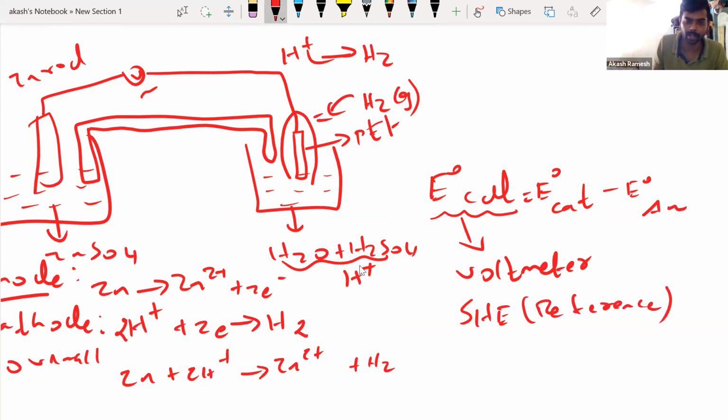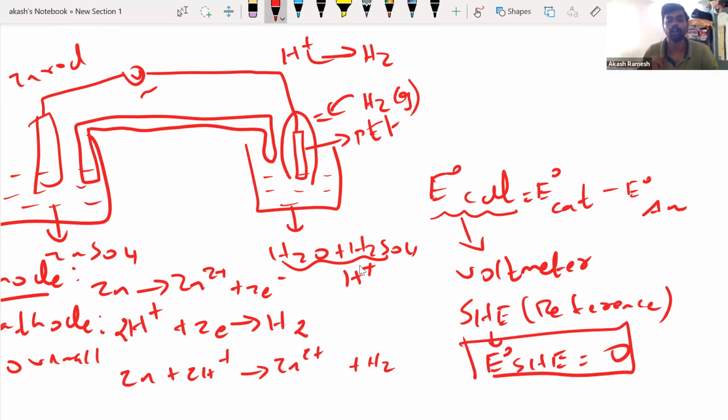By making it the reference, the E naught of SHE is always 0. Remember this. It's not absolutely 0, but for our convenience, IUPAC, the International Union of Pure and Applied Chemistry, said that the potential of the standard hydrogen electrode is 0.